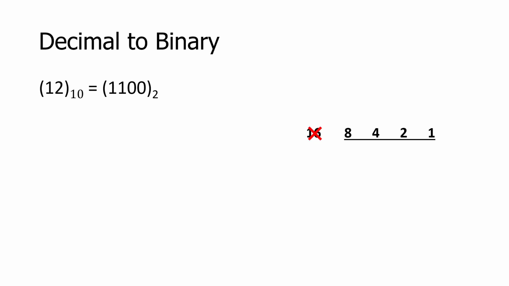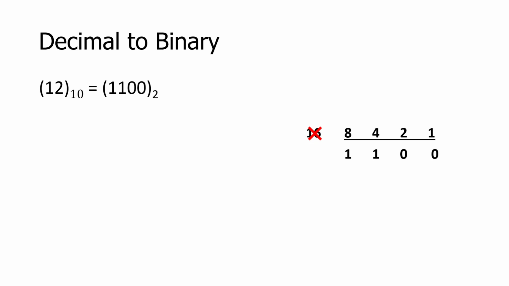That's why I cross it out, because 16 is bigger than 12, so I'll be using up to 8. I'll be adding some numbers to get that binary. 8 plus 4 is 12. I don't need to add 2, I don't need to add 1. That's why I put 0 just below them.